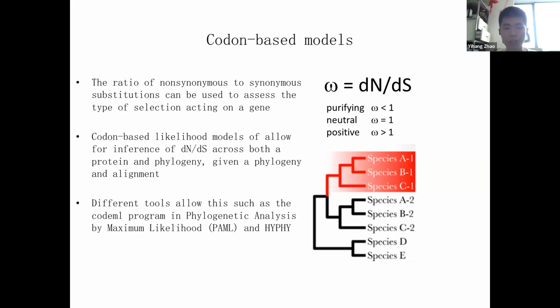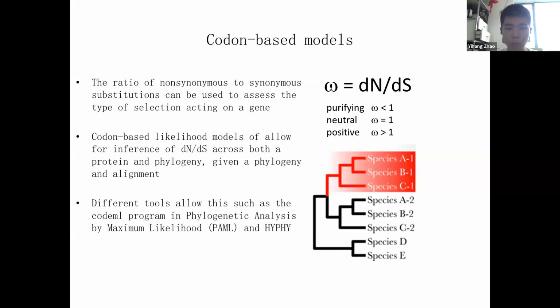With this measurement, I can assess the evolutionary rate and whether there is any adaptation in the photoreceptor development genes of snakes. And there are a lot of tools or programs for the analysis of selection pressure.